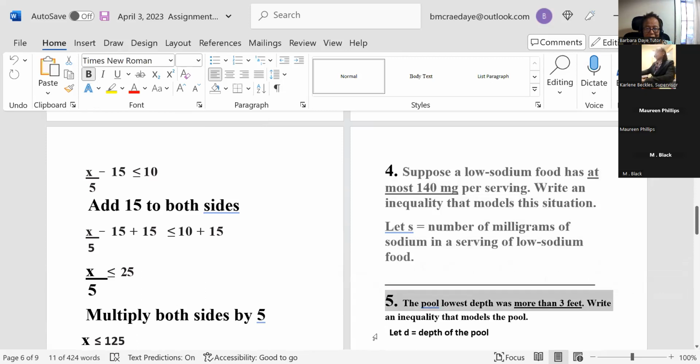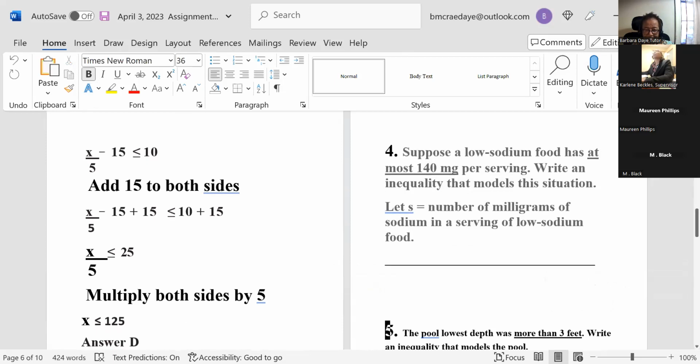Let S be the number of milligrams of sodium in a serving of a low sodium food. So you want to write an inequality. Now, what does at most 140 milligrams mean, Maureen? At most, I know it's at most, but I can't say it now.